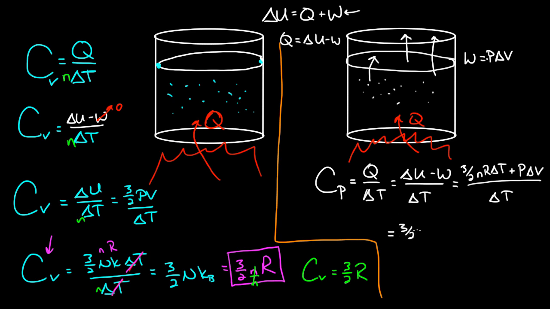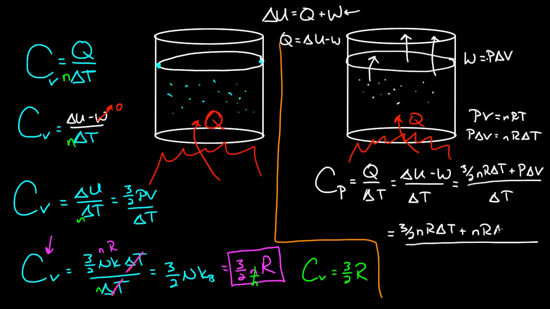3/2 nR delta T plus, I want to rewrite P times delta V, but I know how to do that. The ideal gas law says PV equals nRT. Well, if that's true, then P times delta V is going to equal nR delta T. So I can rewrite this as nR delta T divided by delta T. Almost there. All the delta T's go away, and look what I'm left with.